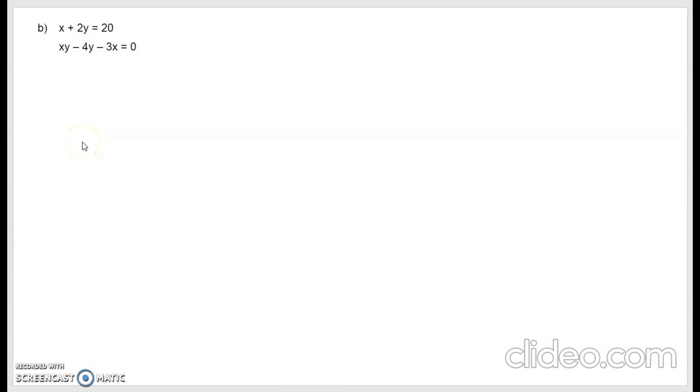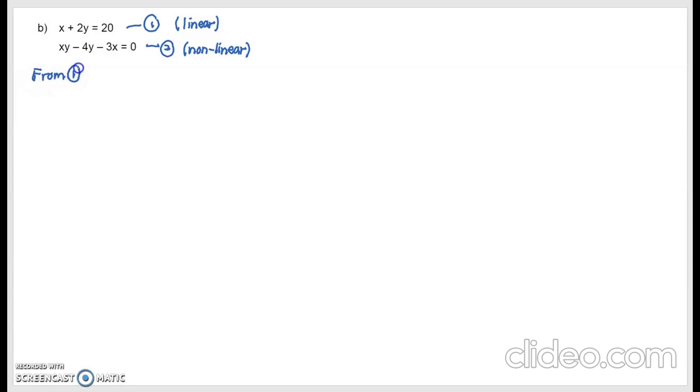Now we look at question number 4b. So again, this is equation 1 and equation 2. Equation 1 is linear, and equation 2 is non-linear. So we will start from the linear equation, from equation 1.